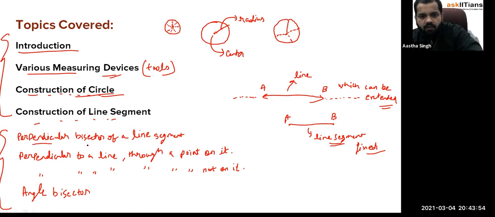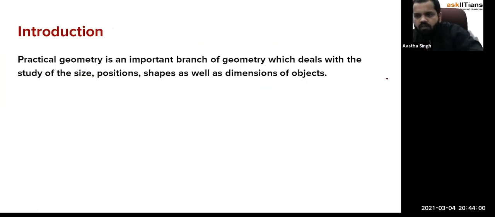Next is perpendicular bisector. What does perpendicular bisector of a line segment mean? Let us just study the introduction first, right? So practical geometry is an important branch of geometry which deals with the study of size, position, shape, as well as dimension of objects.